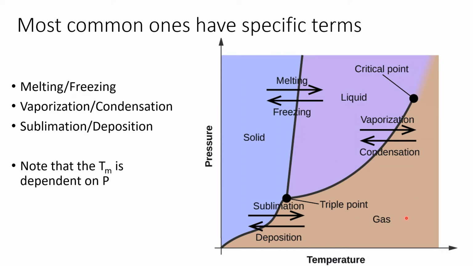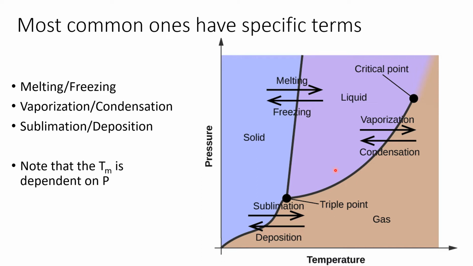In this brown phase area, higher temperature and lower pressure, say lower on the y-axis but higher on the x-axis, that corresponds to a gas. But if you take a given temperature and you move to a higher pressure, even without changing the temperature, you can cross the phase boundary and go from gas behavior to liquid behavior.